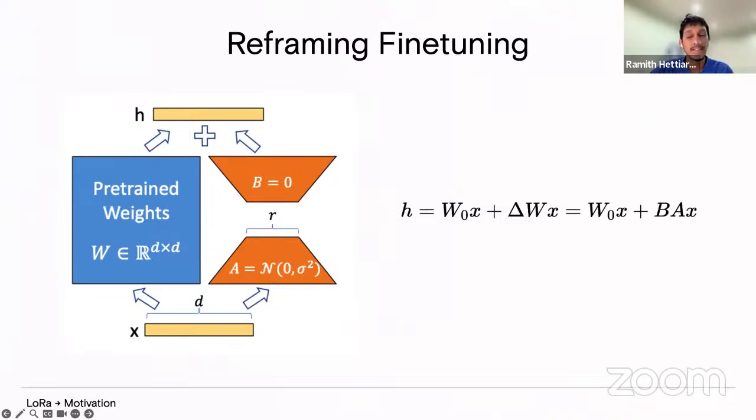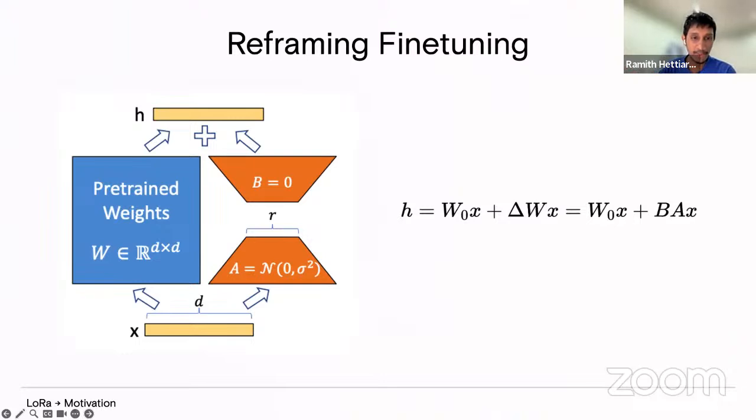Yeah, so in the transformer, in the particular language model, they do this for the query and, yeah, those matrix multiplications, two of those matrix multiplications of the transformer block.